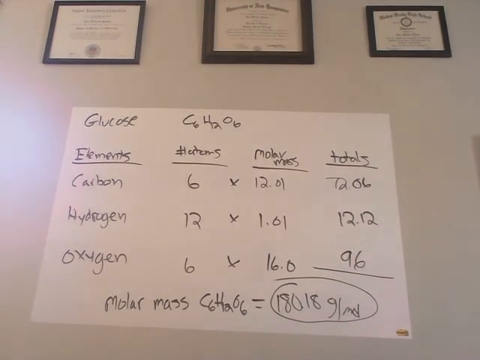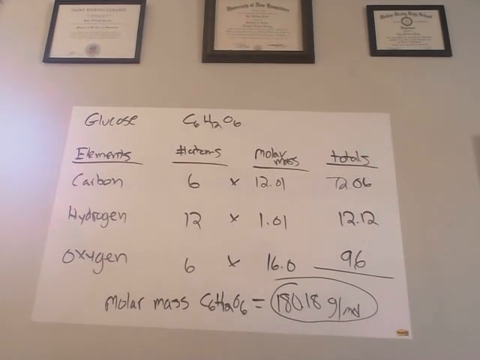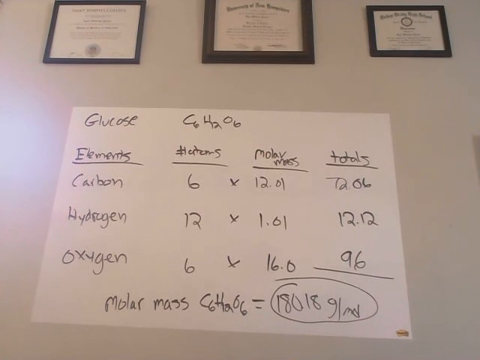So, what you're going to be doing starting today is practicing figuring out the molar masses of both elements and substances. Tomorrow, there'll be a new video posted to show you how you can figure out moles of a substance from grams of a substance.